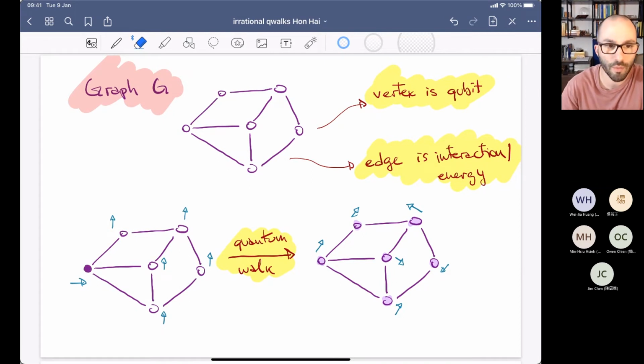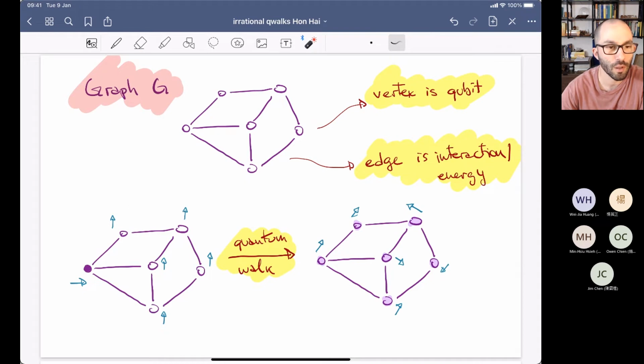So we start with the graph G, and the understanding is that each one of the vertices is a qubit, and the edges represent interaction or energy between the qubits. Basically, we are interested in understanding what happens when one of your qubits is in one particular state and the others are in an orthogonal state.